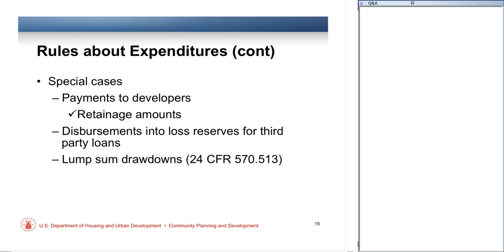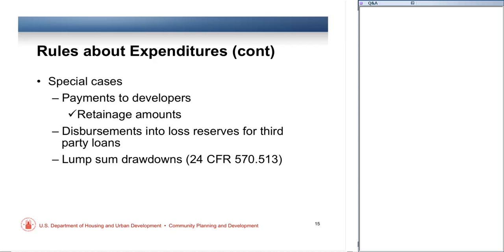One issue that someone asked me about was, what about retainage amounts? So maybe there's an agreement with a developer for the developer to do work related to property, but also the developer is required to or can't get full payment under the agreement until and unless the developer sells the property.